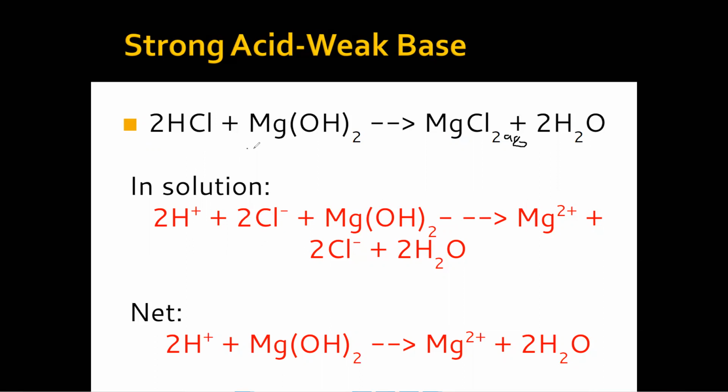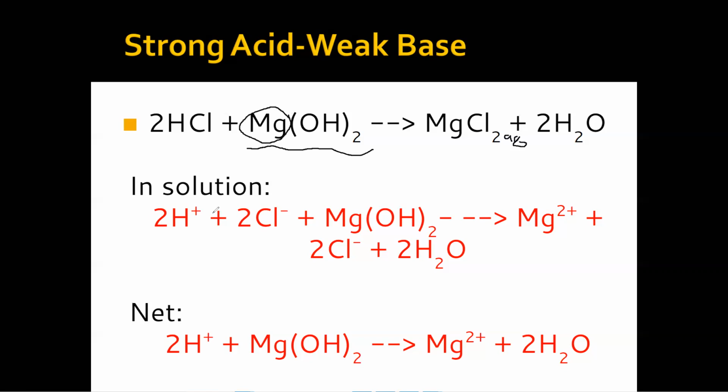Now, this, on the other hand, our Mg(OH)2, does not ionize completely in water. And you know that because you're going to go back to the solubility rules and look at hydroxides and remember that hydroxides are generally insoluble except when they're bonded to sodium or potassium. Magnesium is not sodium or potassium.